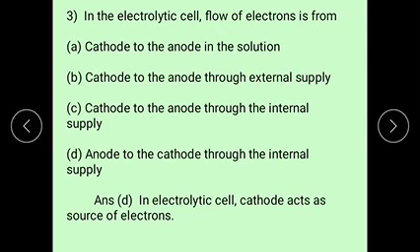The right answer is D, because in an electrolytic cell, the anode acts as the source of electrons.